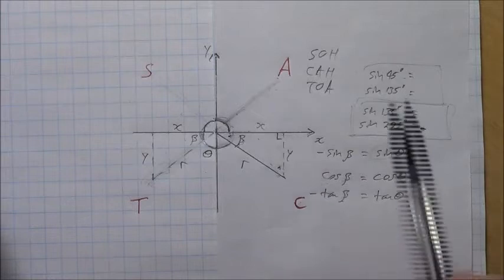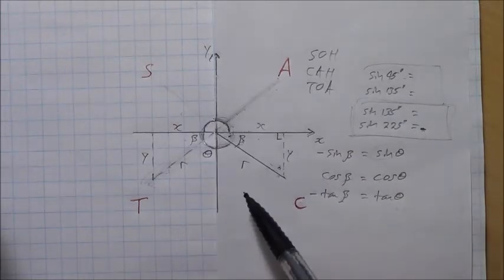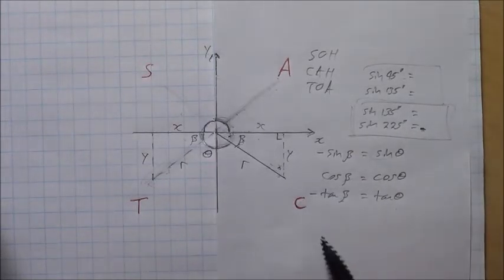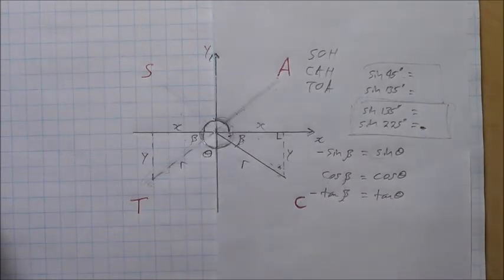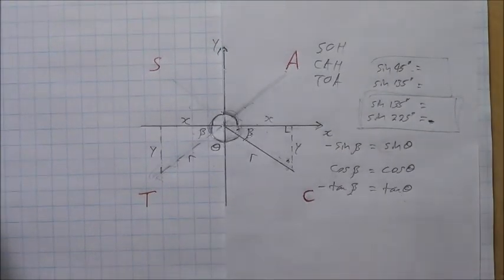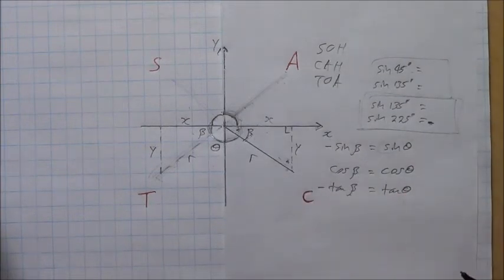So again, there will be two positions of the terminal arm for the same value of cosine, for the same value of tangent, and for the same value of sine. So that's why there are always at least two values of the angles that would give you those trigonometric ratios for any one ratio.